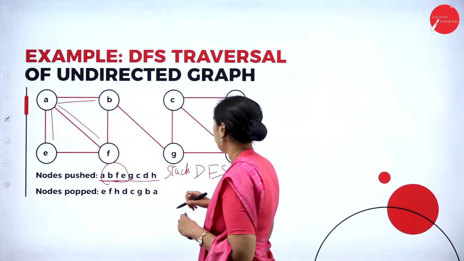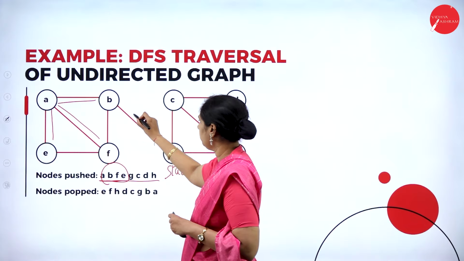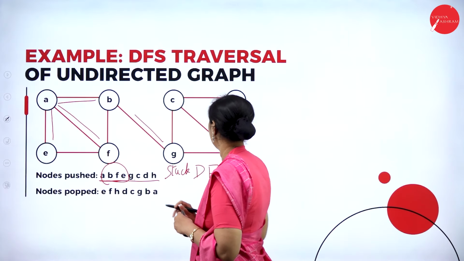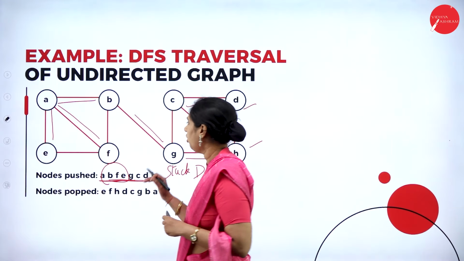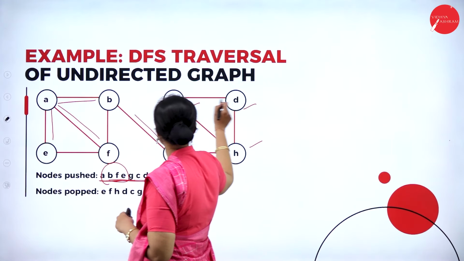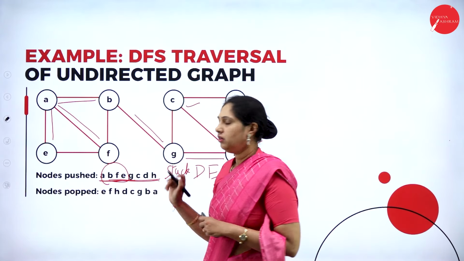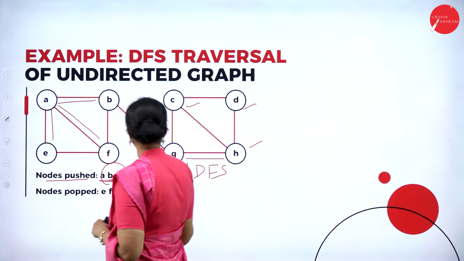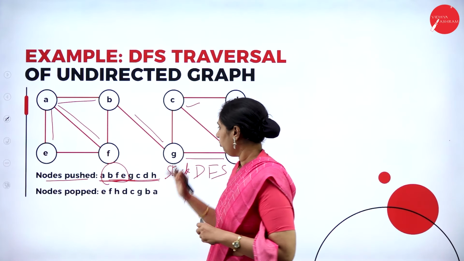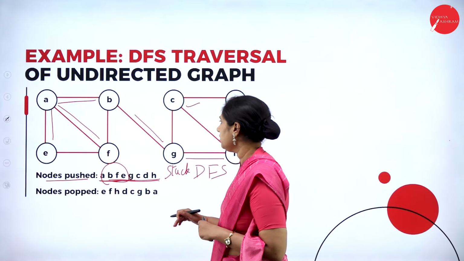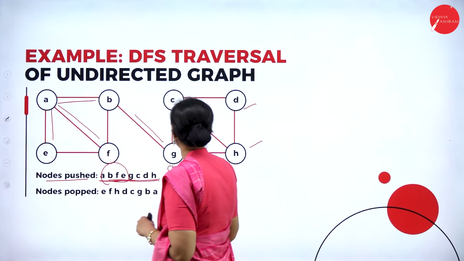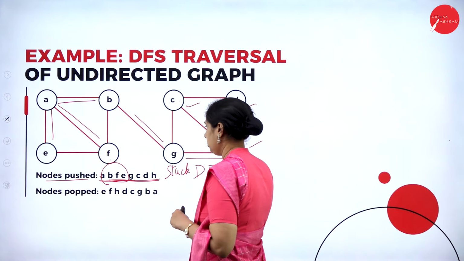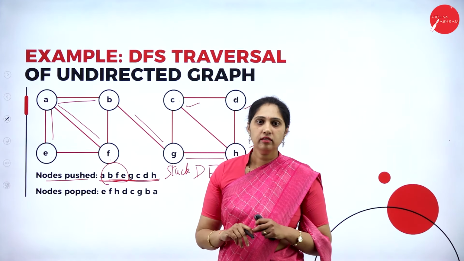Next we can write G. G is connected to B, so G is written. Then C, D, H. So all the nodes are there: A, B, C, D, E, F, G, H. We push the elements into the stack. The order given here is: first A, B, F, E, then G, C, D, H. So all the elements have been visited.